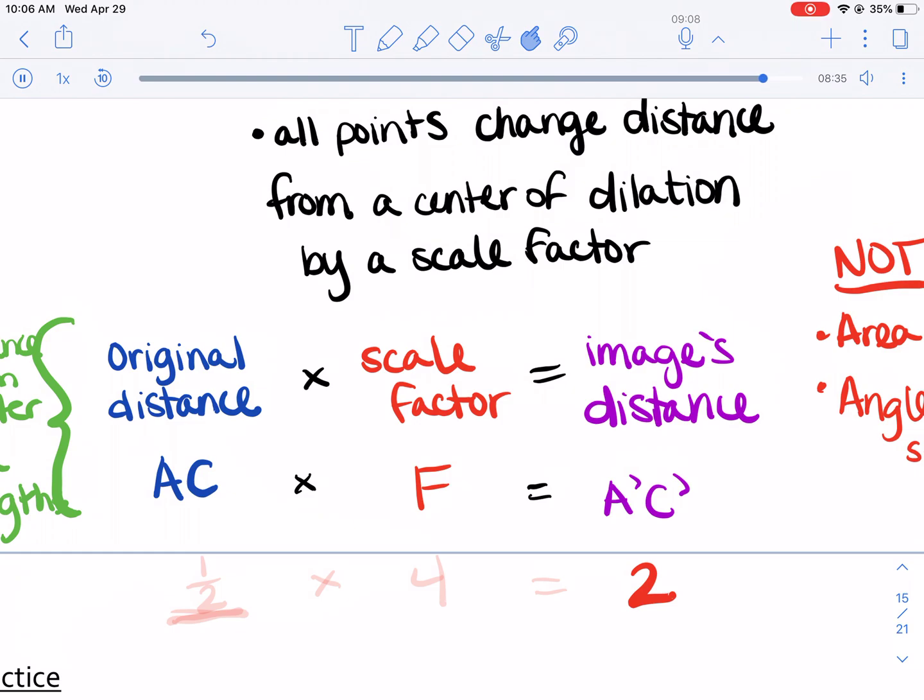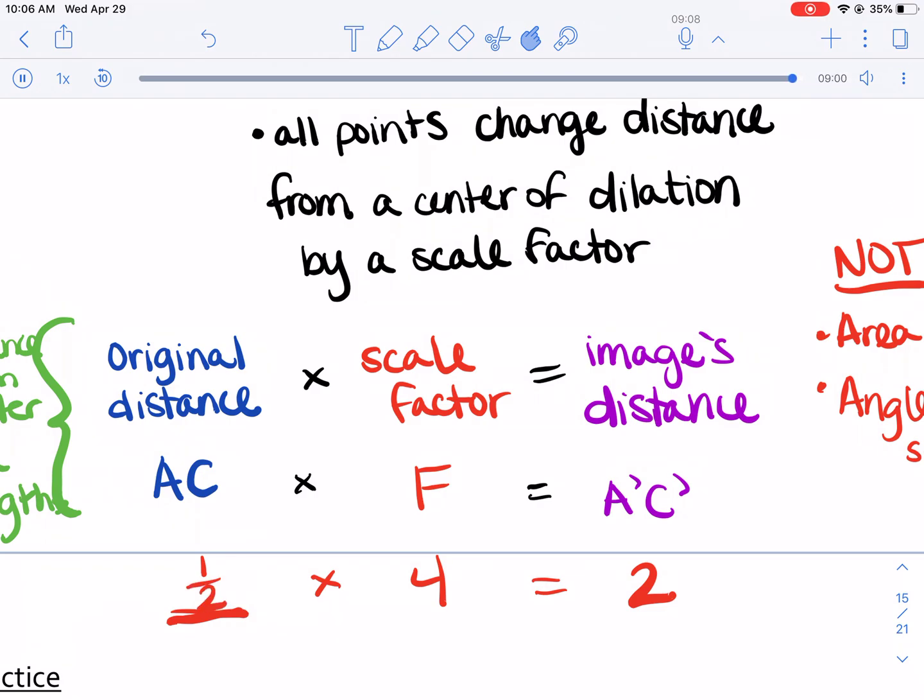And then you're given that your scale factor is 4. Now you can find what the original side length was by just figuring out what would go in this blank. So what times 4 equals 2? You can find that by dividing 2 by 4, and you'd get that the original side length was 1/2.